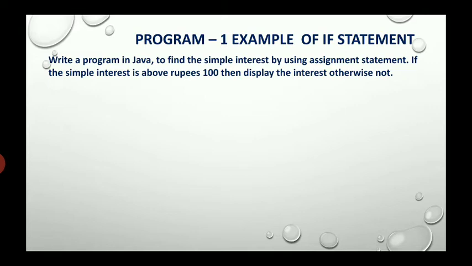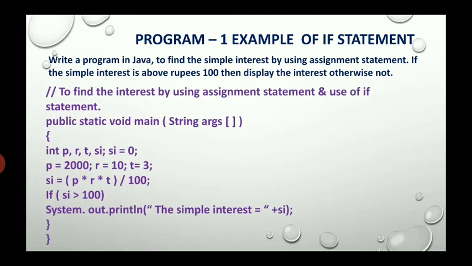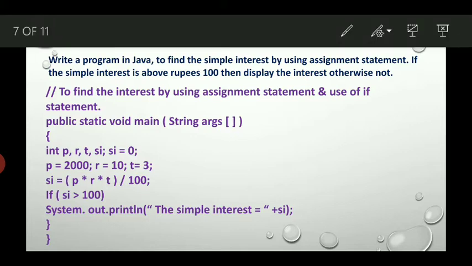Okay, let's start the program. The first line, you can see, starts with 2 slashes. It means it's a comment or remark. Now this remark is optional. Either you can write it or not, but it's a non-executable statement. Even if you write it, the program will compile and run.